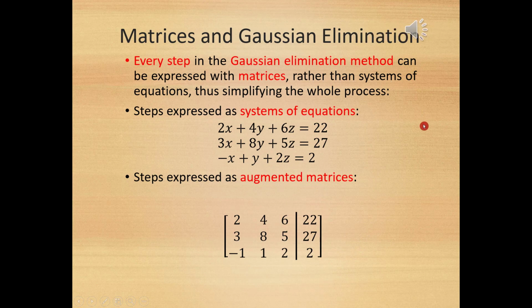The Gauss elimination method can be expressed with matrices rather than the system of equations. So the solution for the system of equations can be found by arranging it as an augmented matrix. By rearranging the rows, we can find the number of solutions for the given system of equations.